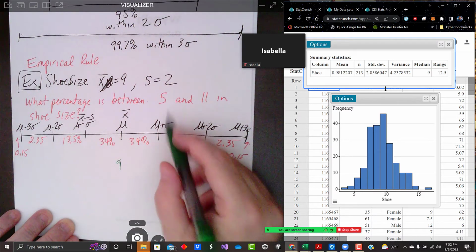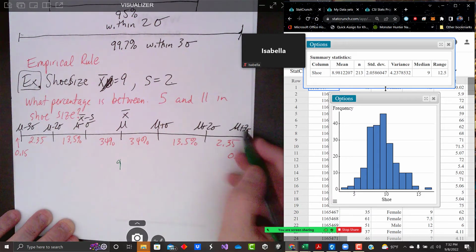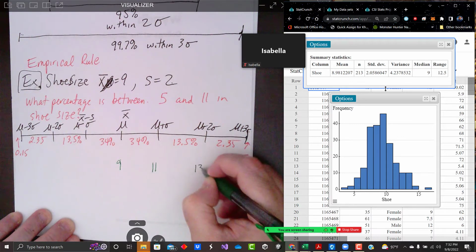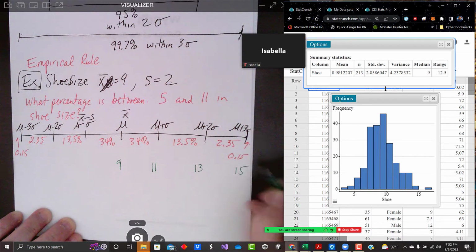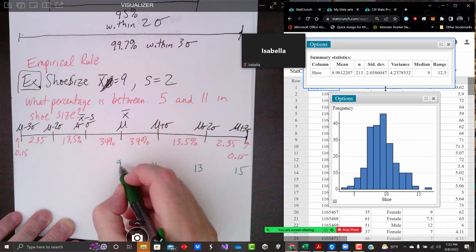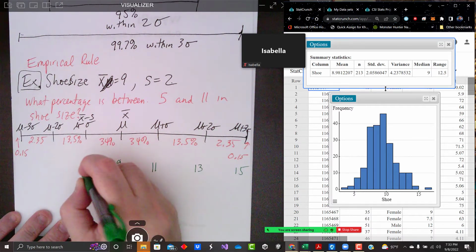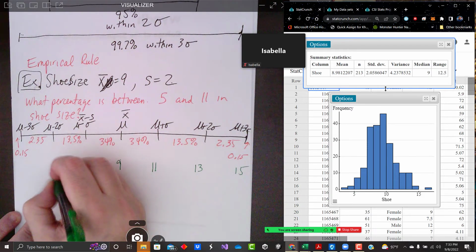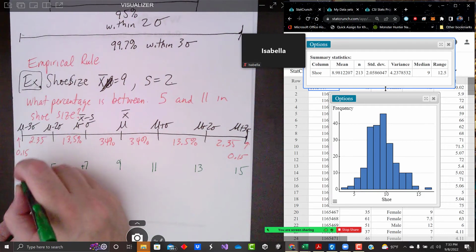I'll just keep adding 2 to it until I get to the end. 9 plus 2 is 11. 11 plus 2 is 13. 13 plus 2 is 15. And then I can subtract 2 going the other direction. 9 minus 2 is 7. 7 minus 2 is 5. And 5 minus 2 is 3.